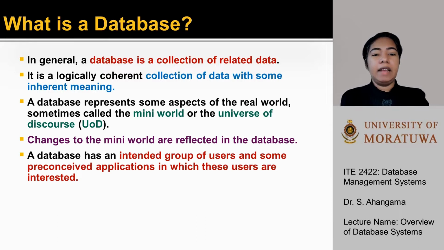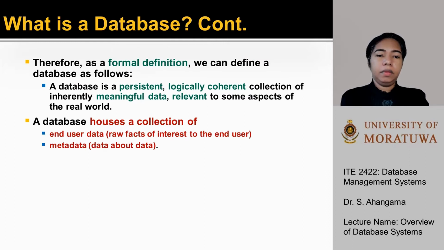That is, it has an intended group of users and some preconceived applications in which these users are interested. Therefore, as a formal definition, we can define a database as follows. A database is a persistent, logically coherent collection of inherently meaningful data relevant to some aspects of the real world.